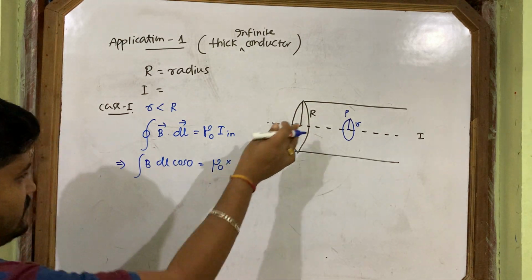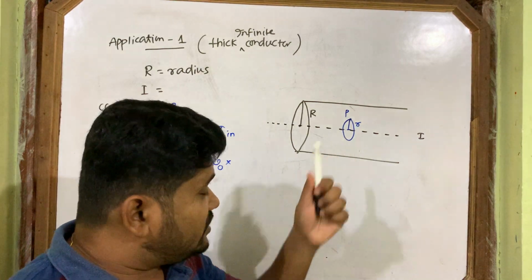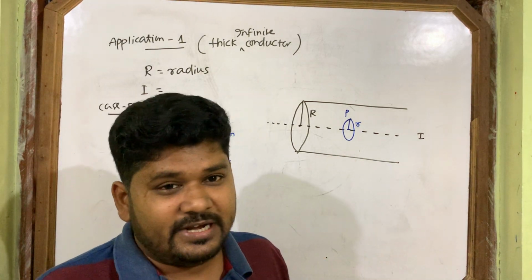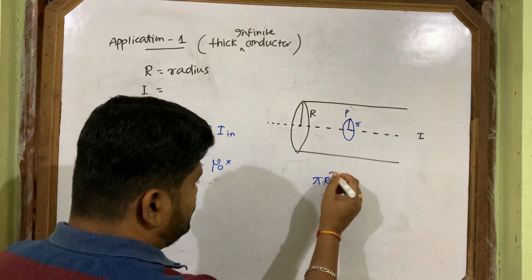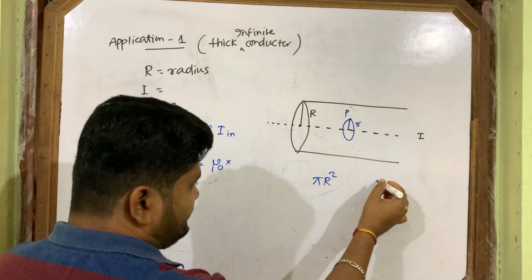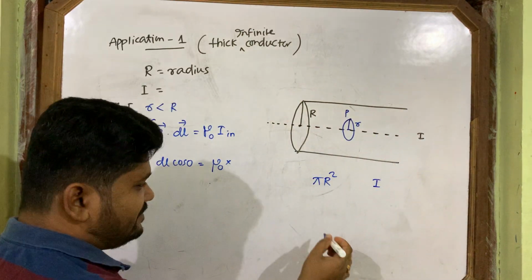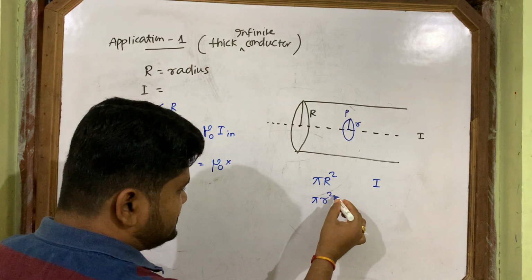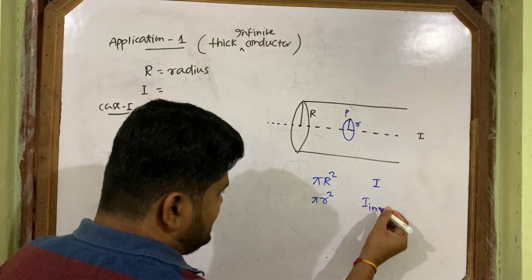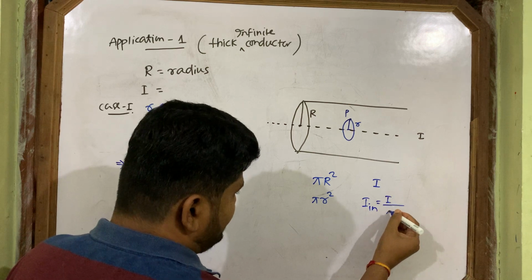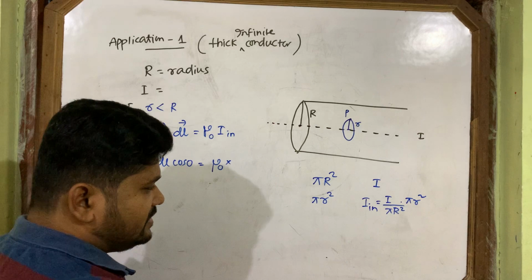So μ₀, but what is I enclosed by this small loop, how will we find it? By the unitary method. How? You see, the whole cross section is πR². The whole current passing is I. In the whole cross section I current passes, and in this small cross section how much current passes? I_in is equal to I by πR² into πr².